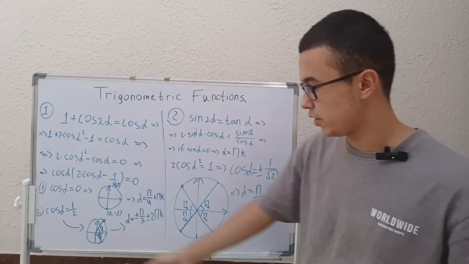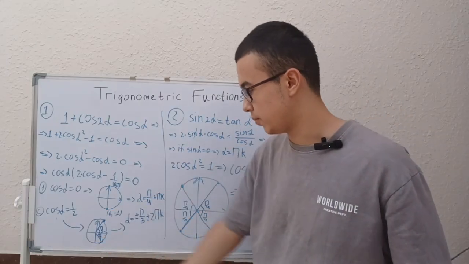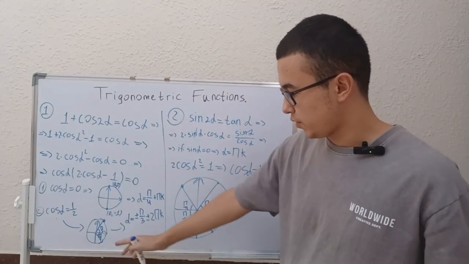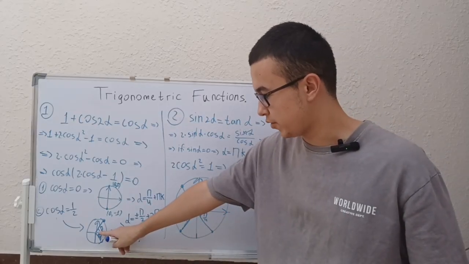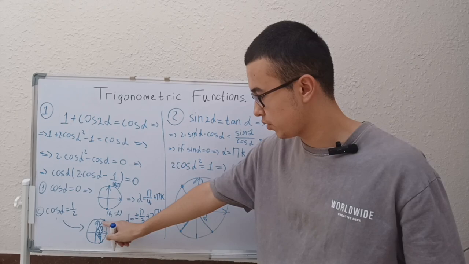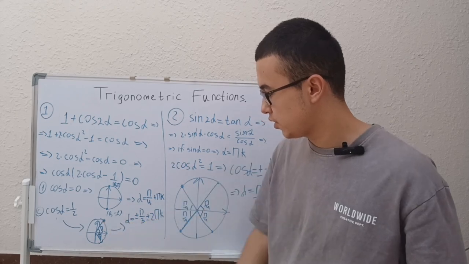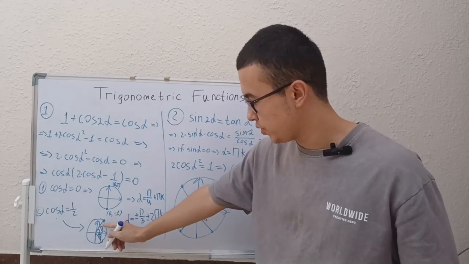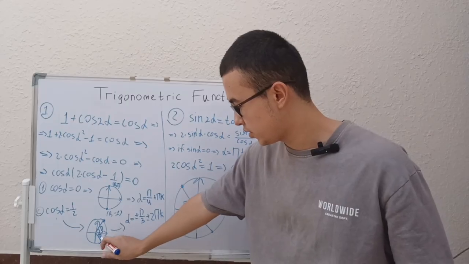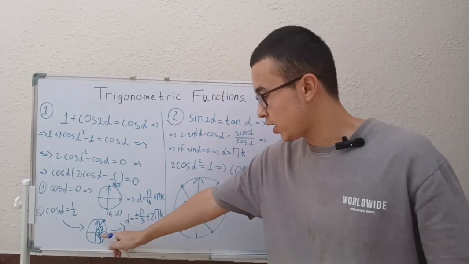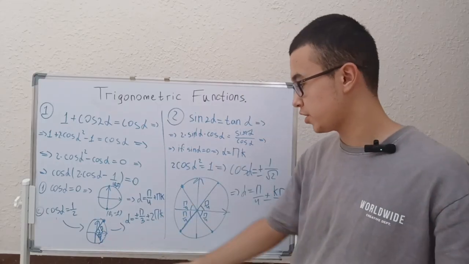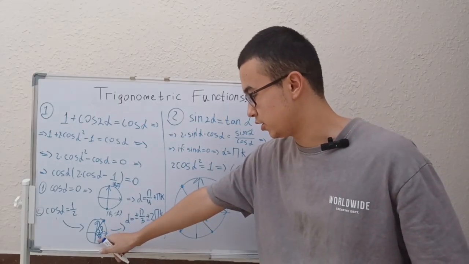In the second case, where cosine alpha is equal to 1 divided by 2, you similarly have a circle. The angle here is equal to pi divided by 3, and the second coordinate is opposite, and here the angle is also pi divided by 3. But because we changed our direction, that will be minus pi divided by 3.